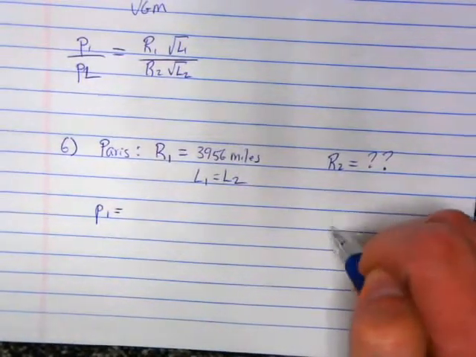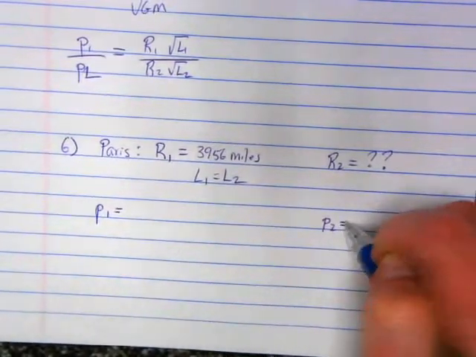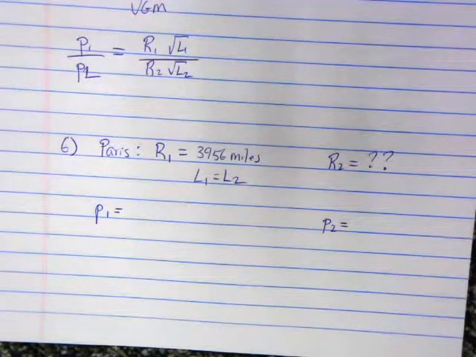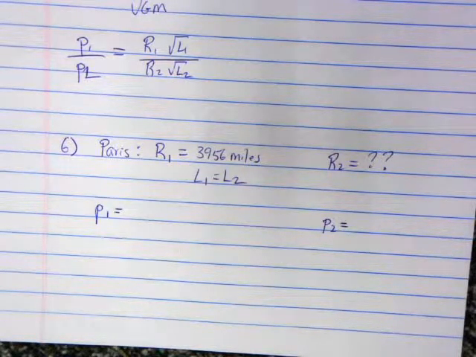So I need to know the respective periods. So what's the period of the clock in Paris? Perfect, so it would be 2 pi.